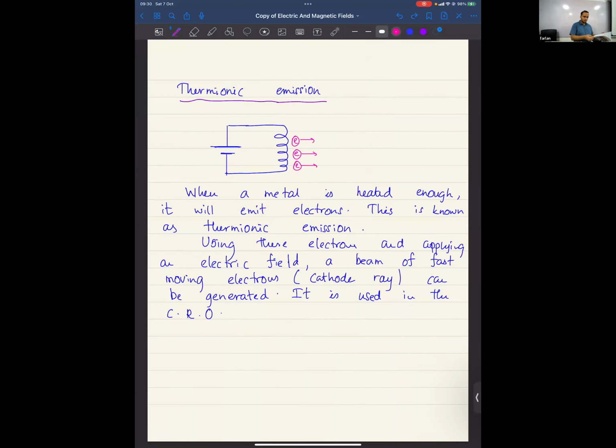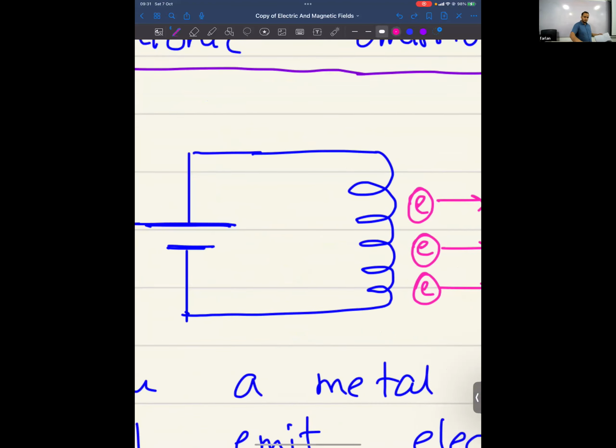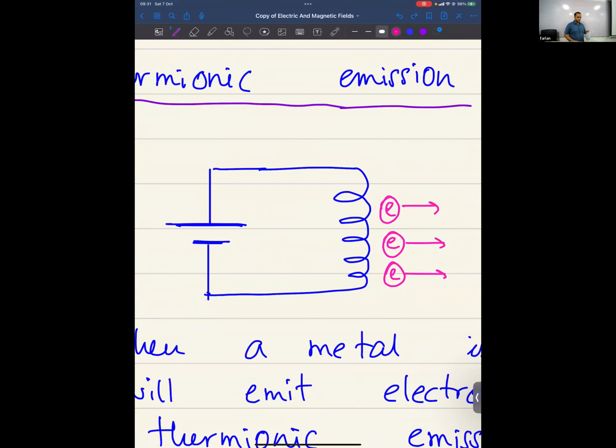Write down the next subtopic, thermionic emission. Draw this diagram. A coil connected to a battery.